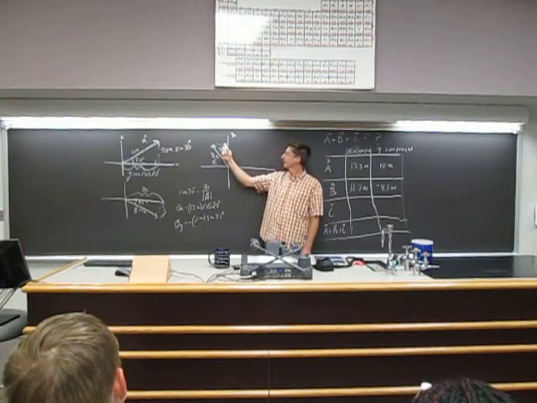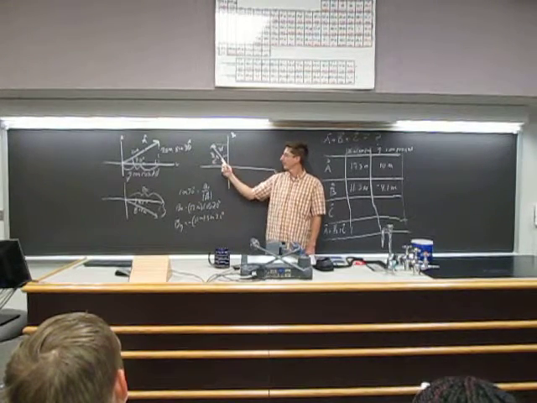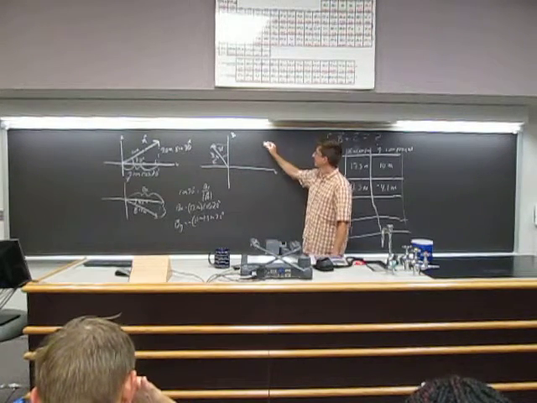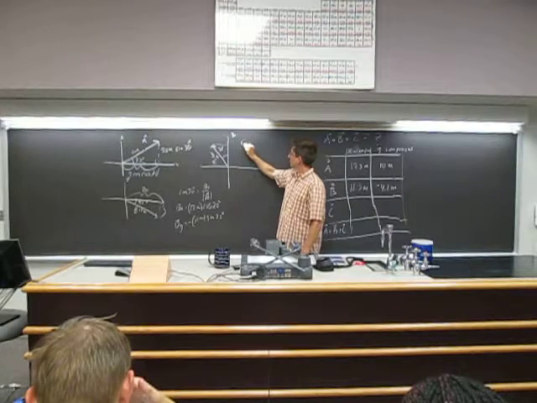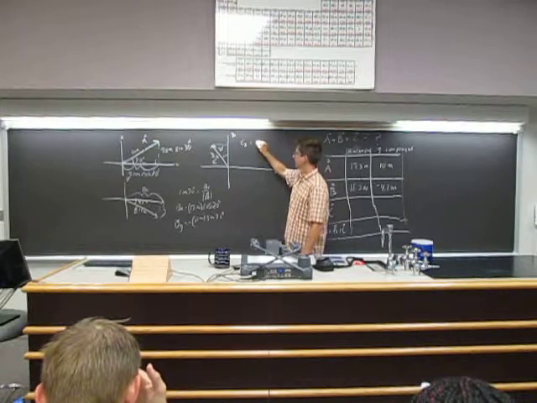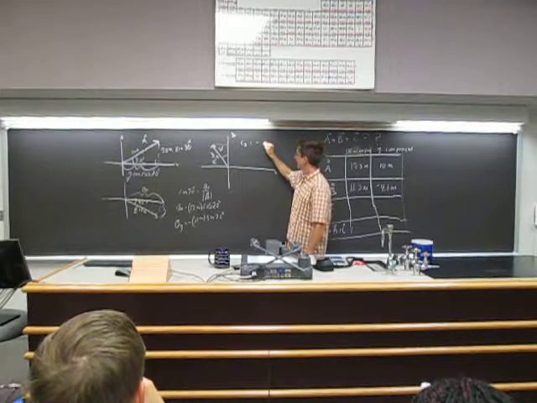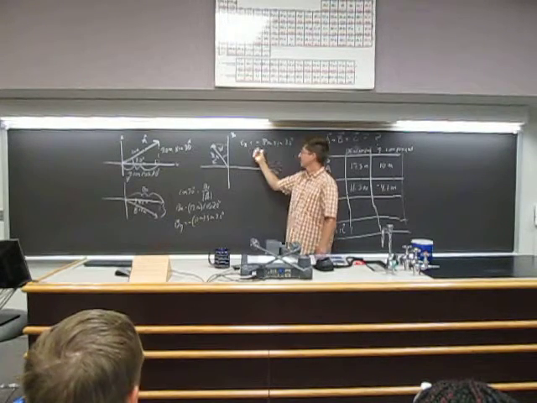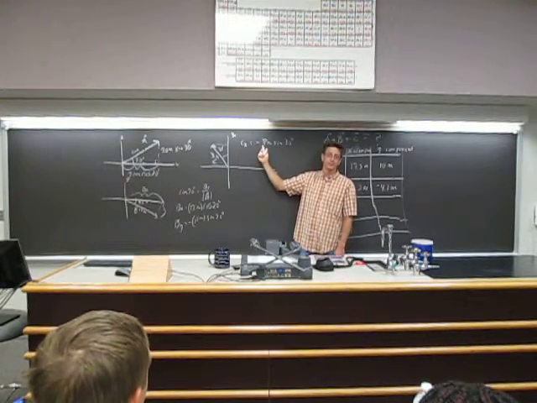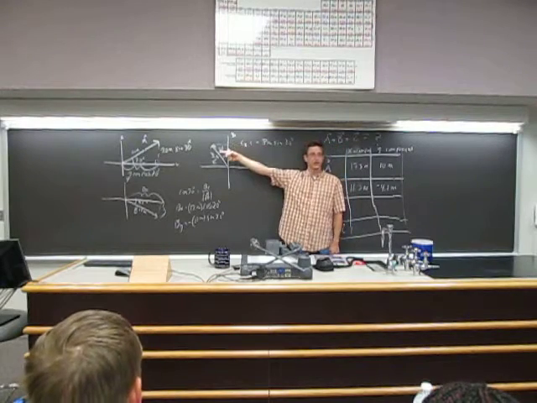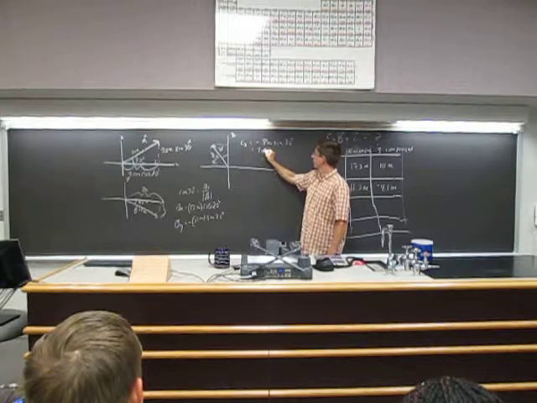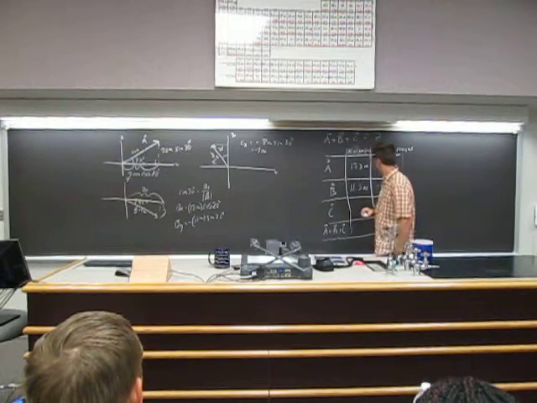So C sub x is negative 8 meters sine 30 degrees, in the negative x direction since it's pointing that way. And so this would be negative 4 meters.